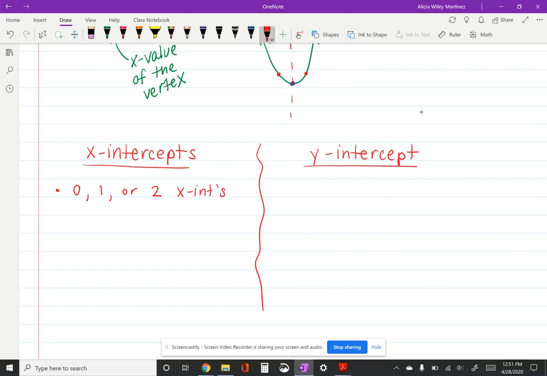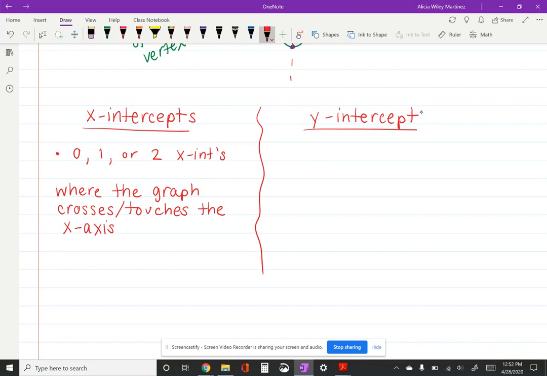Remember, an X-intercept is where the graph crosses or touches or intersects the x-axis. Any point on the x-axis will always have the form of some x value, comma, 0. For an x-intercept, the y value is always 0.